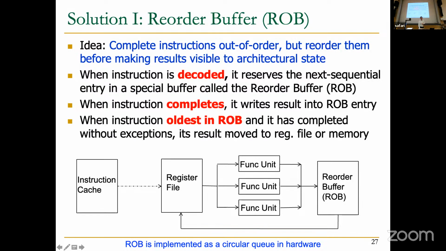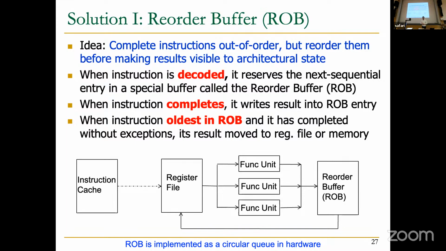Now, when an instruction is the oldest in the reorder buffer, and it has completed without exceptions, and you're not going to handle any interrupts at that point in time, the control logic moves the result of that instruction from the reorder buffer to the register file or memory. That's when you update the architectural state. So only the oldest instruction updates the architectural state, and you keep doing that for the next oldest, and the next oldest.